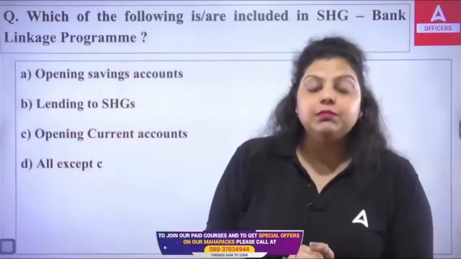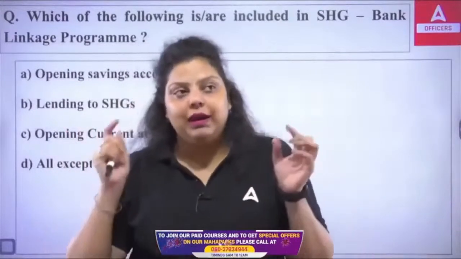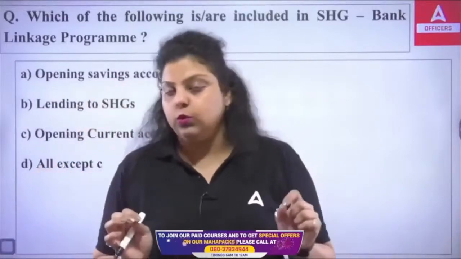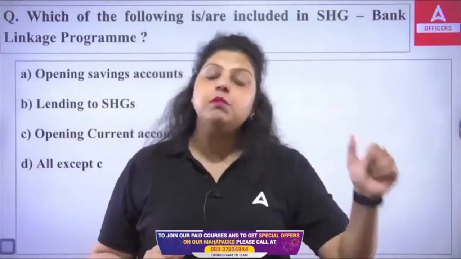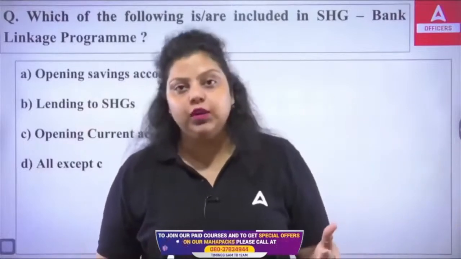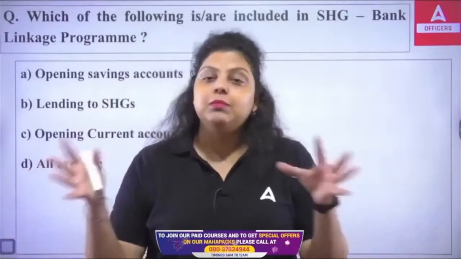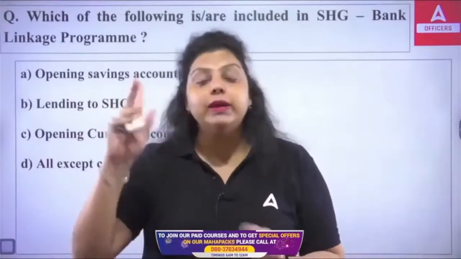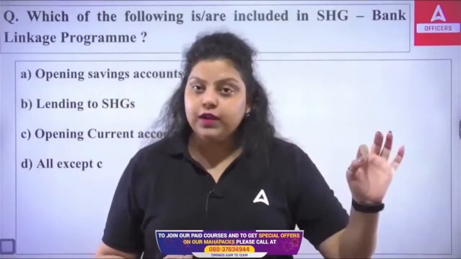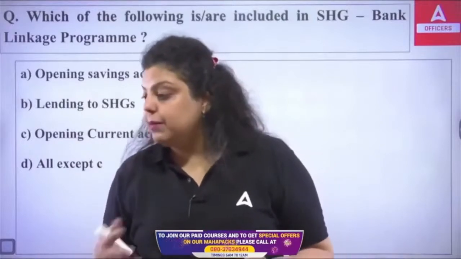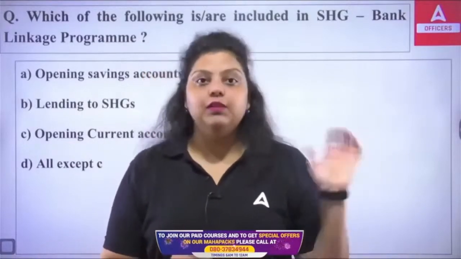Most people think it's a group of 10 to 20 women. No. Yes, the government promotes women's self-help groups more, but it's not like there are only women's self-help groups in the country. It can be combined, male and female. Self-help groups were formed to promote the savings habit among the people.